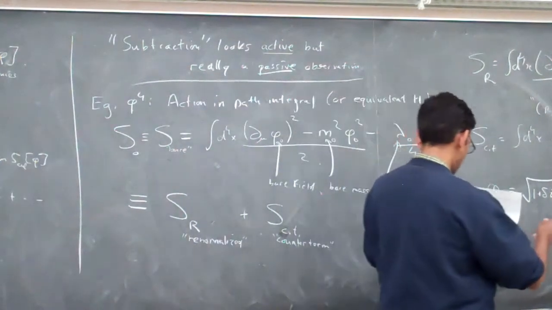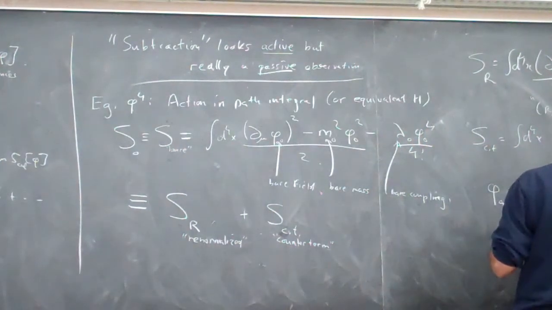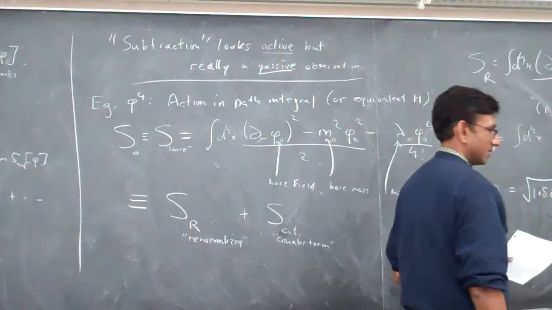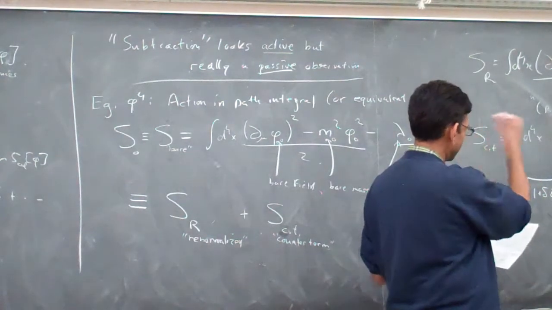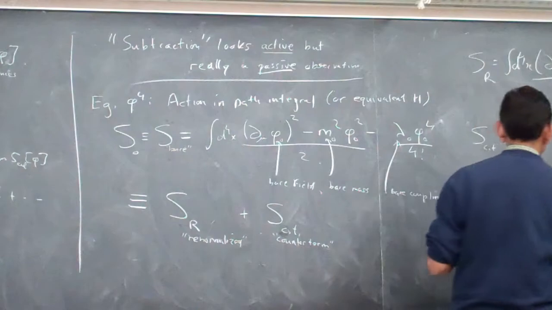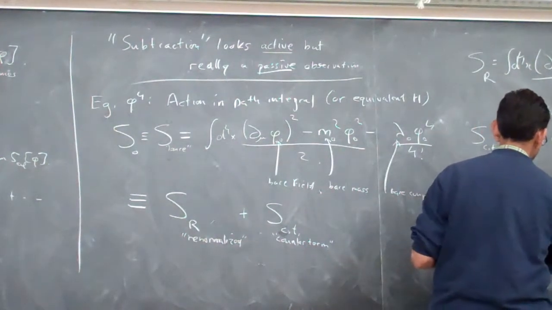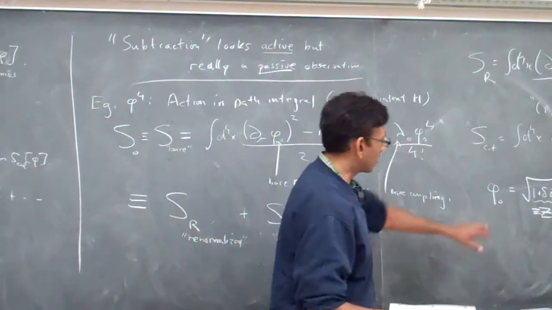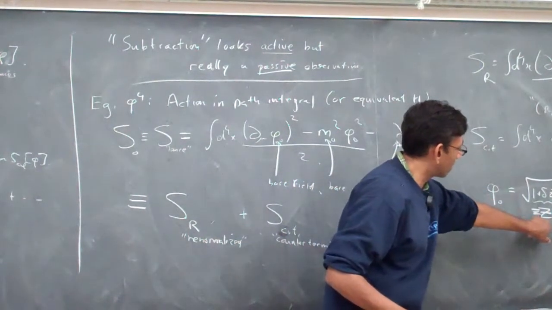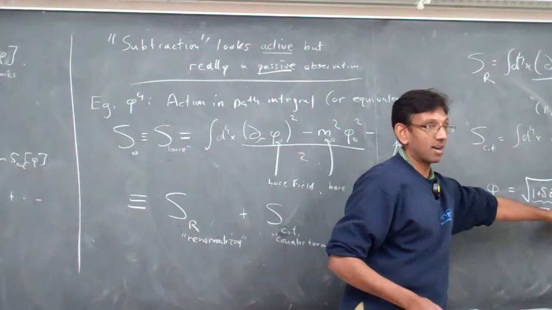So you can check me. This is equal to this, if I'm equating these actions. And this is often just called Z. Okay? So the bare phi is merely a wave function renormalization of the renormalized phi.